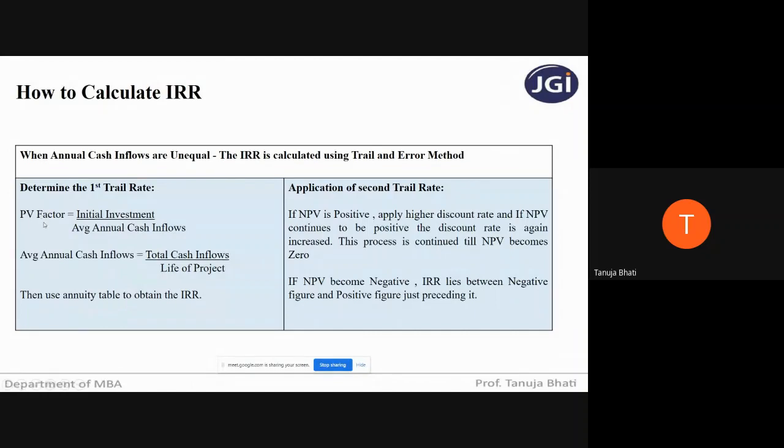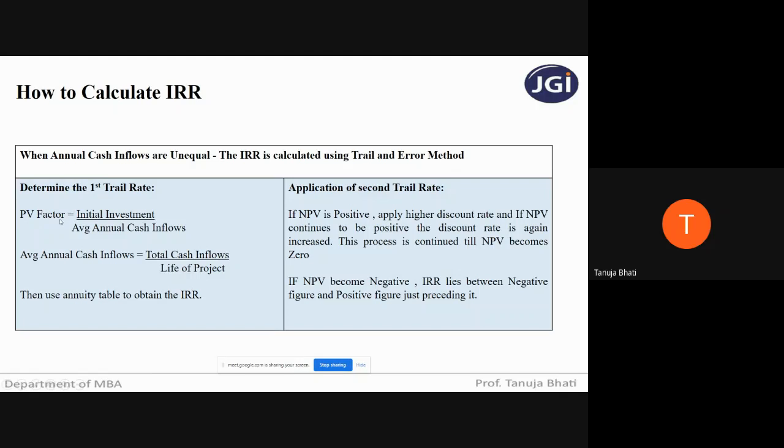Now once you get the PV factor, you know how to calculate IRR. Then use the annuity table to obtain the IRR. So you'll get the first trial rate, meaning the base from where to start. Correct? So again, I'm repeating, whenever the cash flows are unequal, you have to use the trial and error method. For that, at least you need to know what the first rate is going to be, so you use the PV factor.